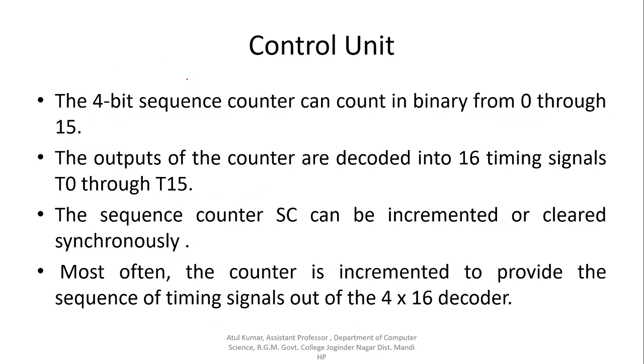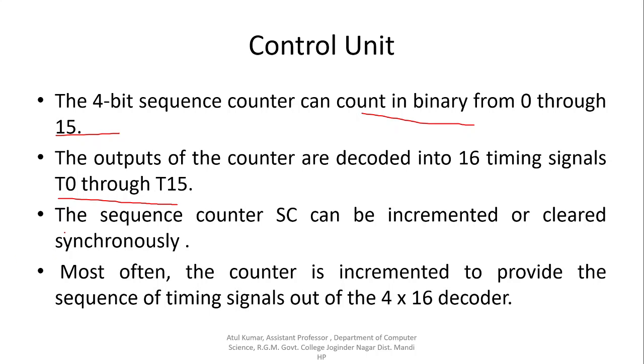The 4-bit sequence counter can count in binary from 0 through 15. The outputs of the counter are decoded into 16 timing signals from T0 to T15. As I have discussed earlier, there is a decoder of 4 into 16, so it has an input of 4 and the output provides 16 timing signals from T0 to T15.